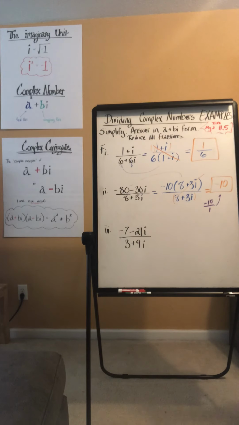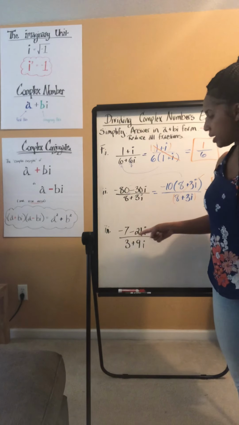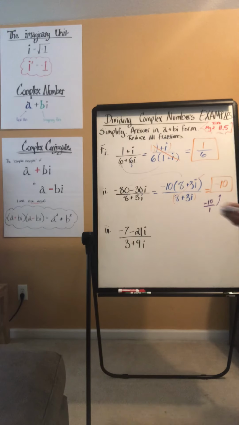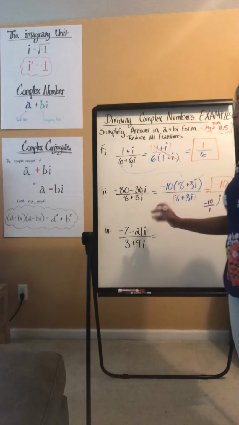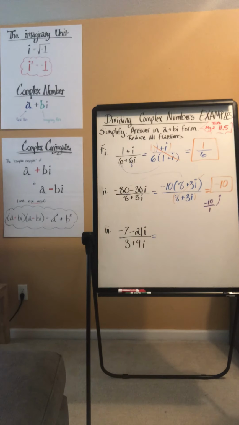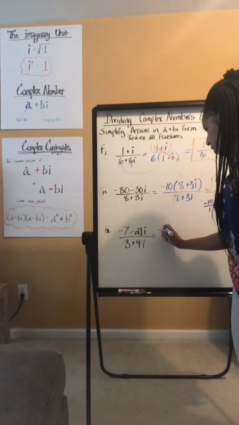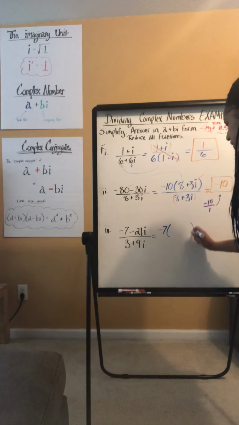All right. Lastly, example 3. Okay. My numerator is negative 7 minus 21i. What is their greatest common factor? What is the biggest number I can pull out of negative 7 and negative 21? Negative 7, yes? Negative 7 goes into both of these.